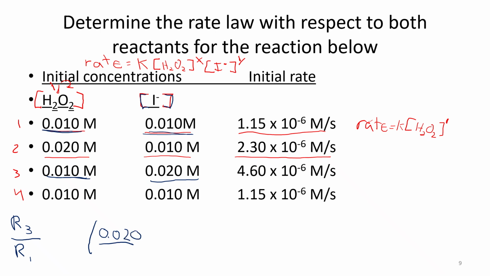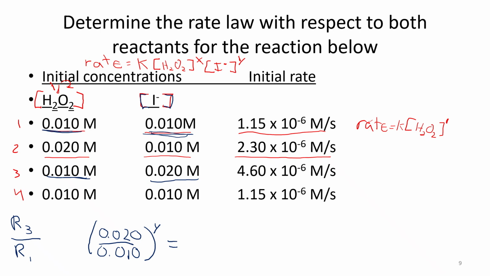So I'm going to take my concentration of iodide at experiment 3 and divide it by the concentration of iodide in experiment 1. I'm going to put parentheses around that, and then put my little y right here, because this is what I'm trying to find.